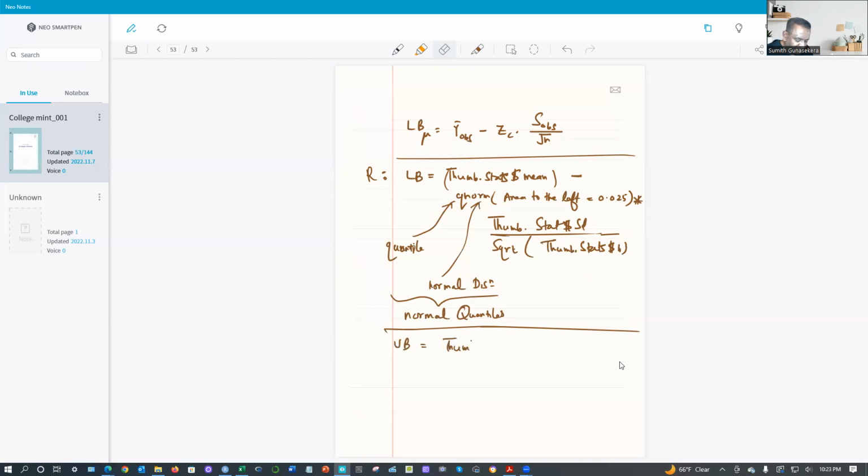Thumb length, thumbstat, go to the mean plus 0.975 times thumbstat, the standard deviation, divided by the square root of thumbstat n.